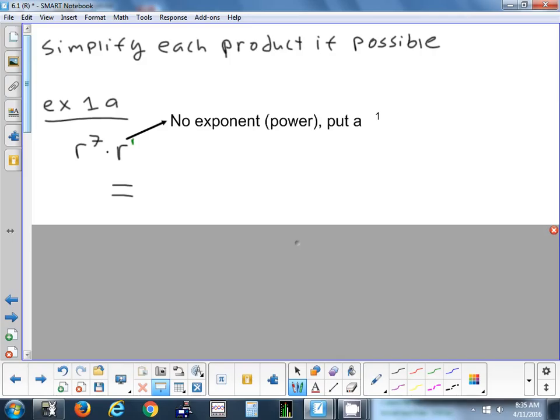Now I understand where the 1 is coming from, and I can see why Rose did 7 plus 1, because you add exponents. Rose, what did you say it is? R to the 8th. Perfect. R to the 8th.